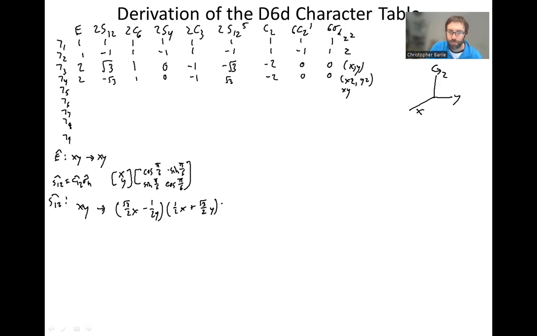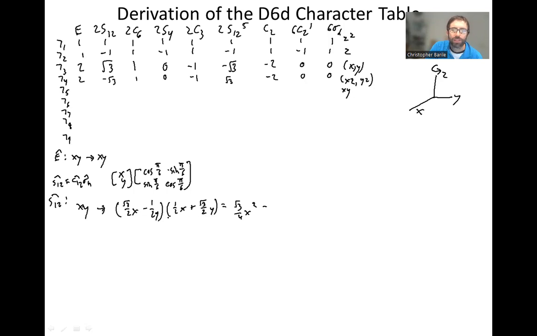And at this point, we can FOIL that out, right? So we're going to get, through these x terms, root 3 over 4 x squared. And then we have a minus 1/4 xy term.